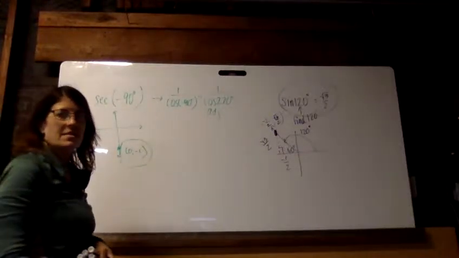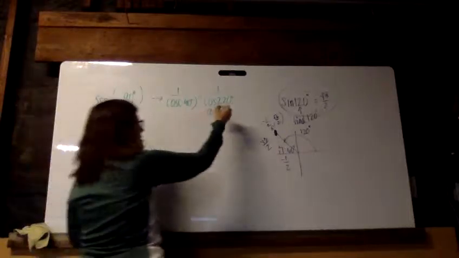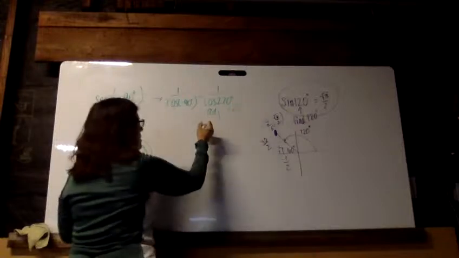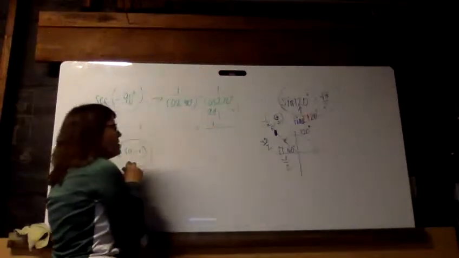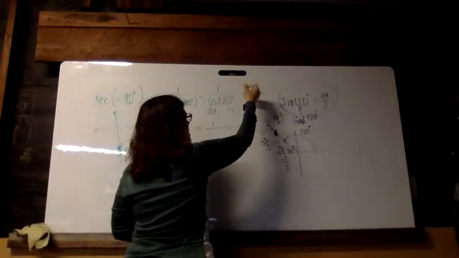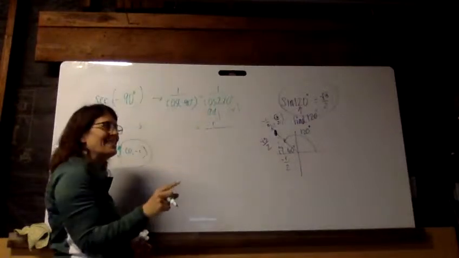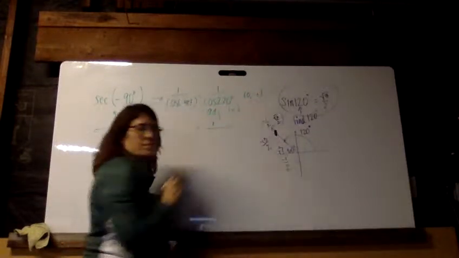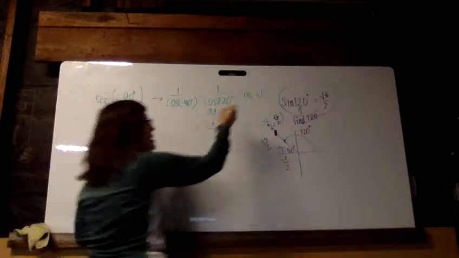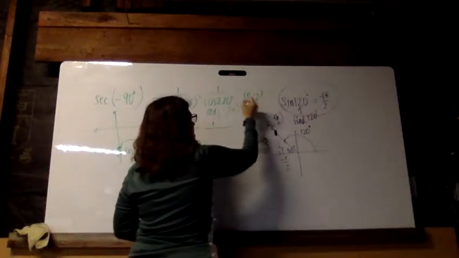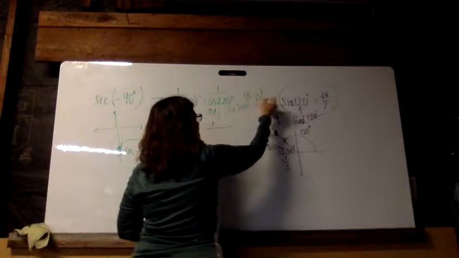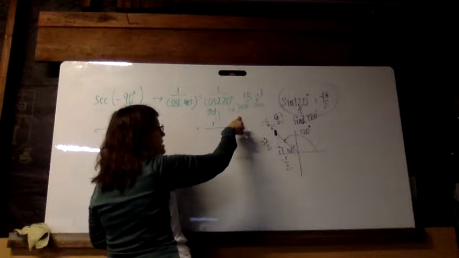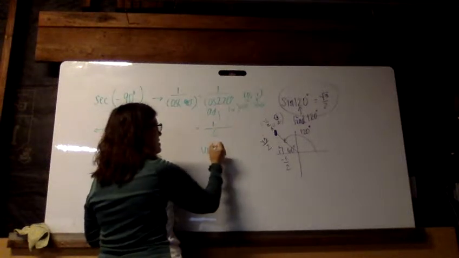Cosine is the x coordinate. So, let me start over. The coordinates of 270 are 0, -1. This is x, y, cosine, sine. So the cosine of 270 is 0, 1 over 0, which is undefined.